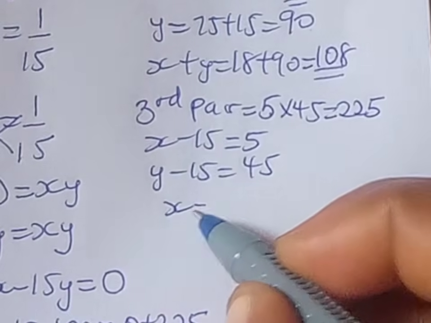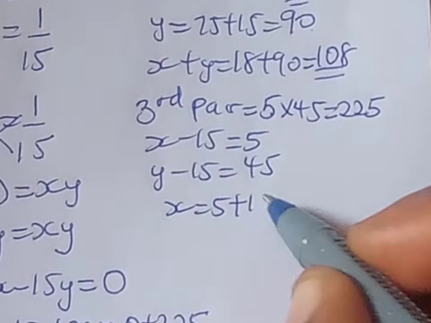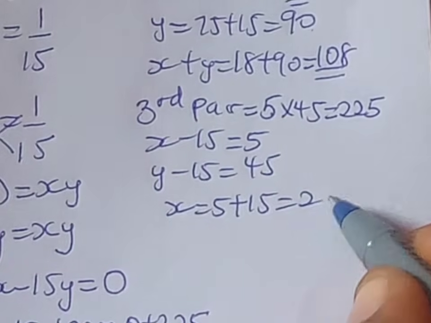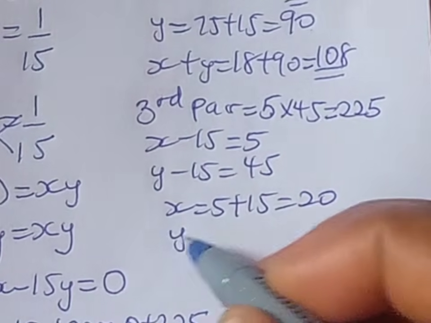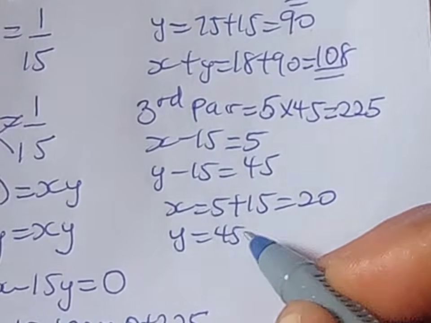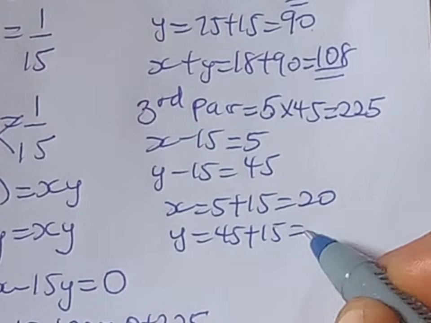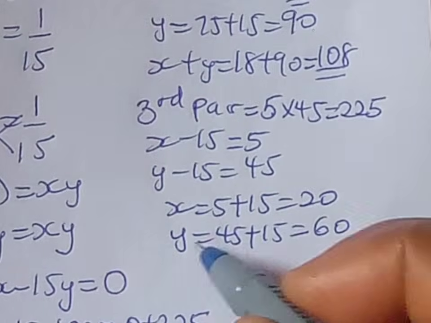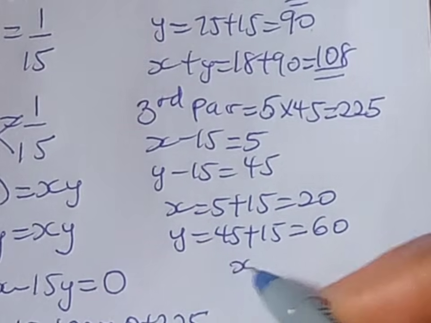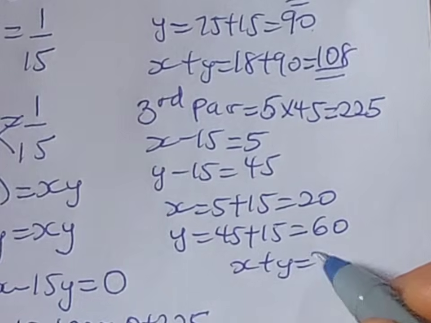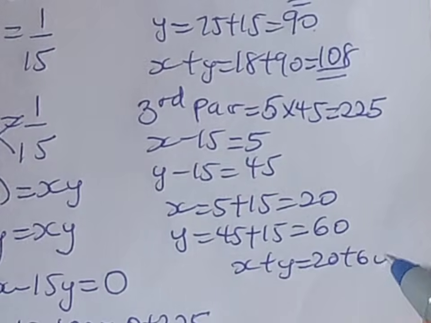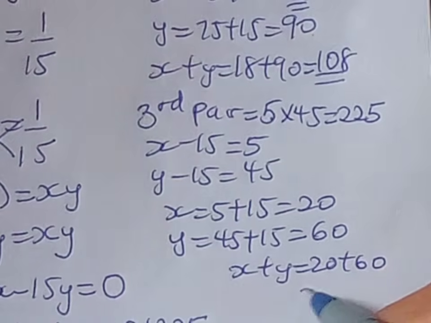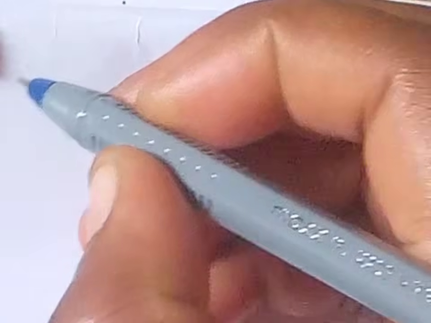So our x equals 5 plus 15, which will give us 20, while our y equals 45 plus 15, which will give us 60. At the end of the day, x plus y equals 20 plus 60, which will give us what? 80.